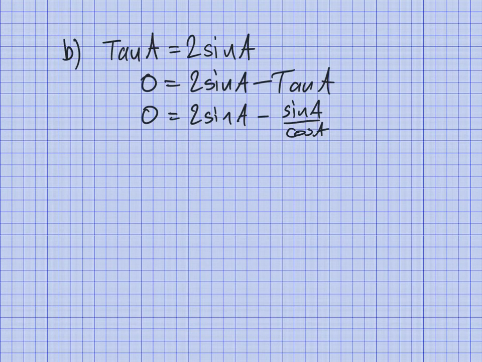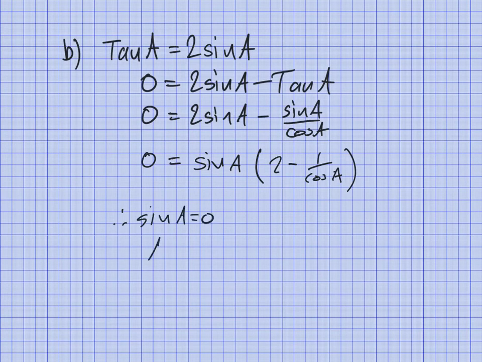Okay, and now factorising that, I get 0 equals sine A, brackets 2 minus 1 over cos A, which tells me therefore that sine A equals 0, which means that A equals 0. Or 2 minus 1 over cos A equals 0.